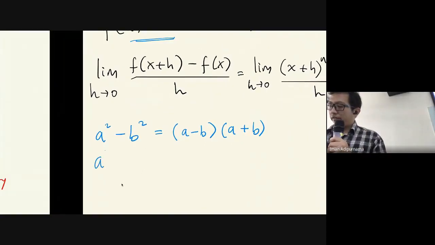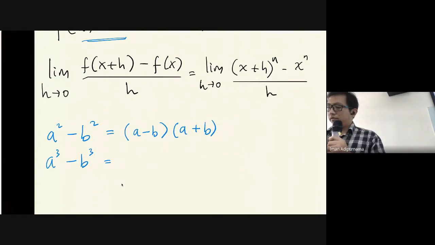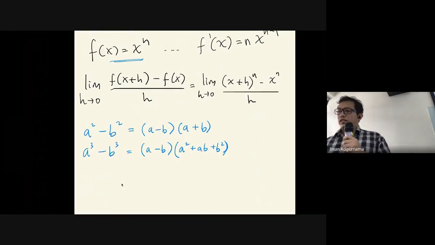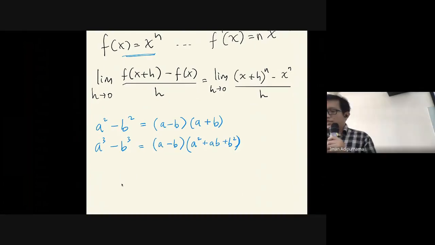If I have cube, what will be here? A minus b. And about here, what will happen? A squared, and then ab, right? Yes, you also sometimes see this in some exams. I remember in high school, I also remembered how to expand this form.